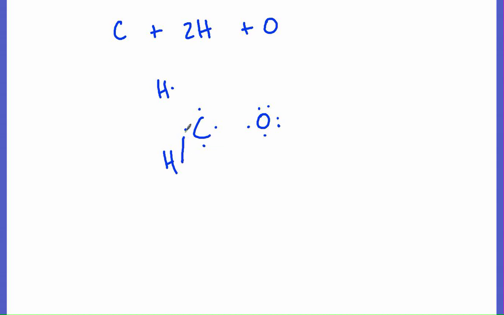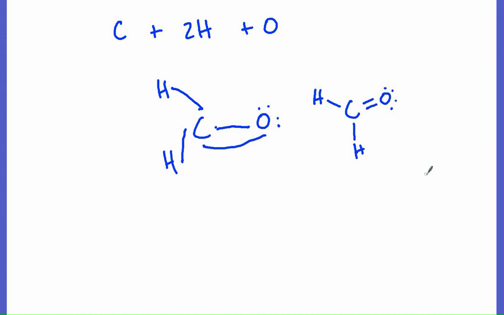I just need to start connecting all of these singles together, and you should end up making a molecule that looks something like this. If I clean that up, I got a double bond to an oxygen, I got 2 single bonds to hydrogens.